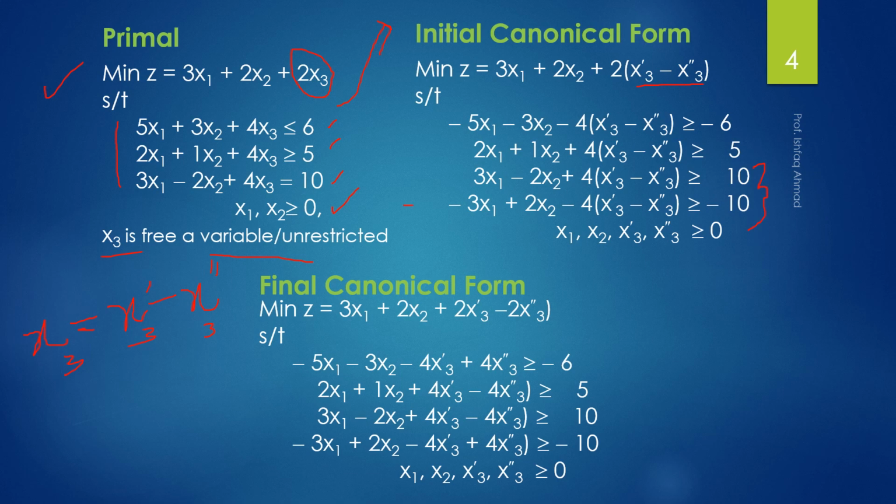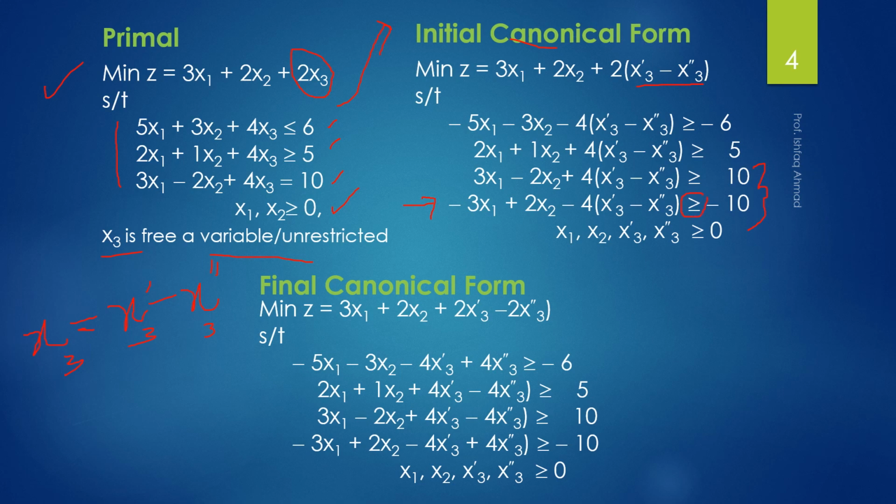The last constraint of this initial canonical form is multiplied by -1, and in this way we get the greater than or equal to inequality sign.